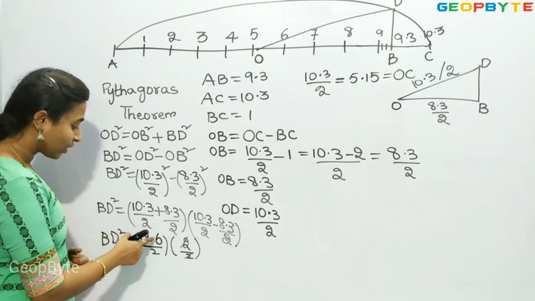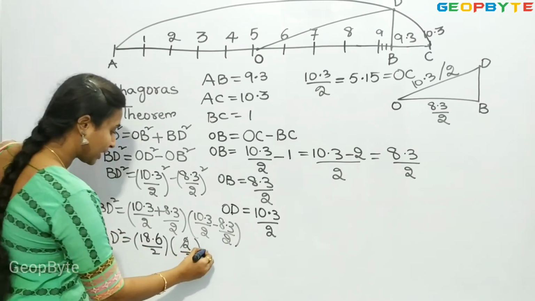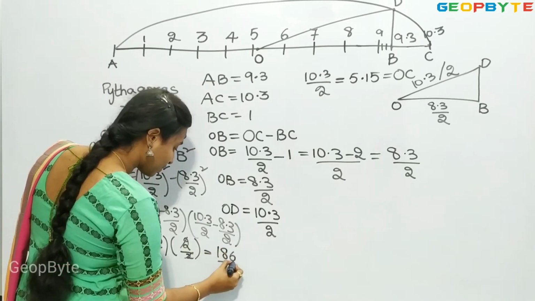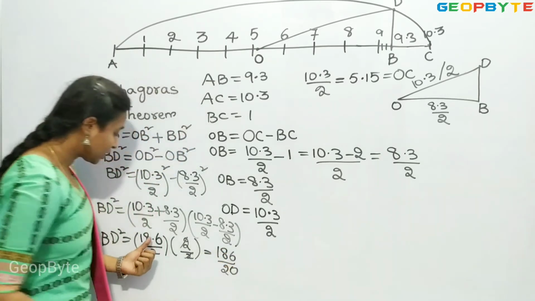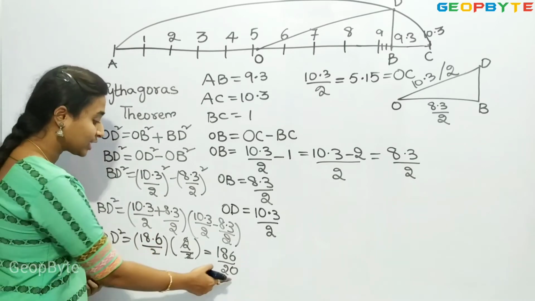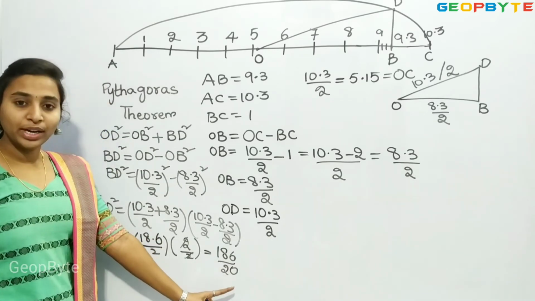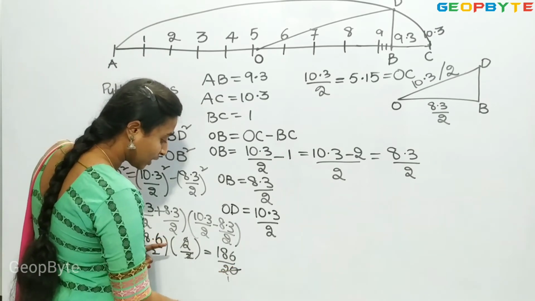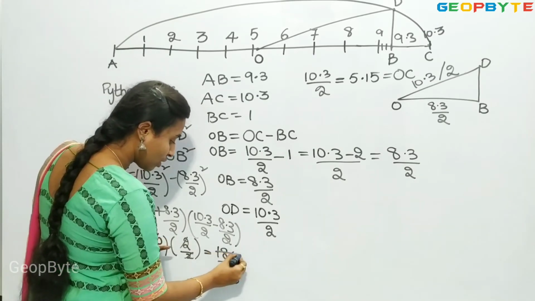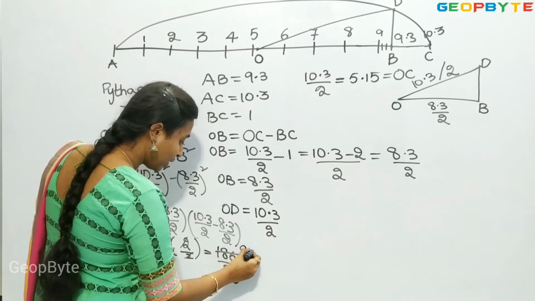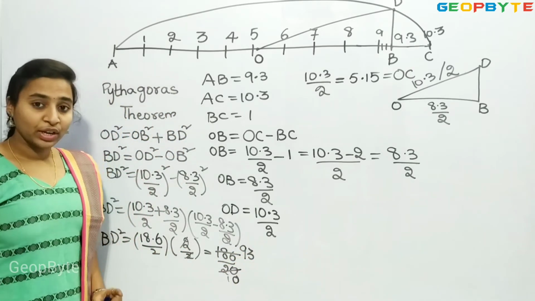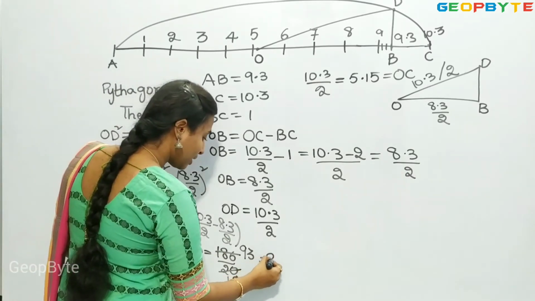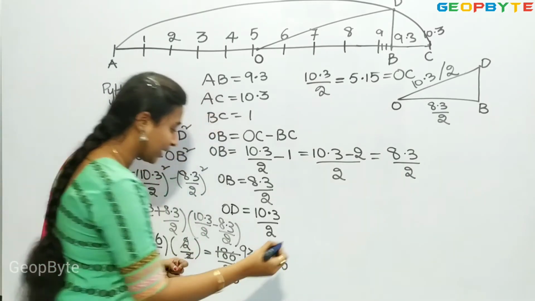Now we have 18.6 by 2. It can be written as 186 by 20, because when we remove the point, it gets multiplied with 10, so 2 into 10 is 20. Now 2 ones are 2, 2 nines are 18, 2 threes are 6. We got 93 by 10, that is nothing but 9.3.